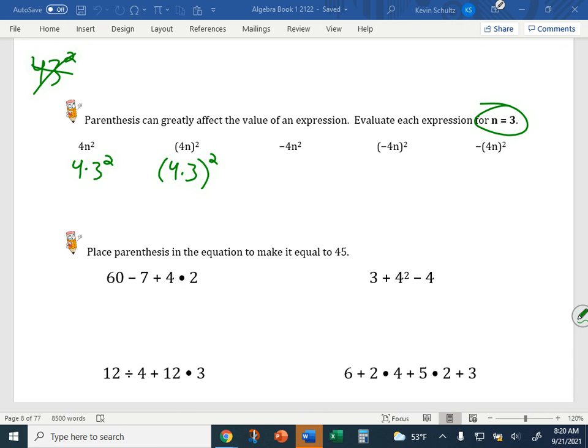Around 7 plus 4. Right? Now we've got to do that part first. 7 plus 4 times 2 equals 15. 60 minus 15 equals 45. Remember, multiply first. That's 8. See, you got order of operations. It all goes back to that.